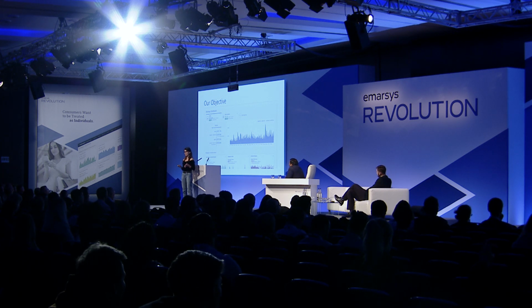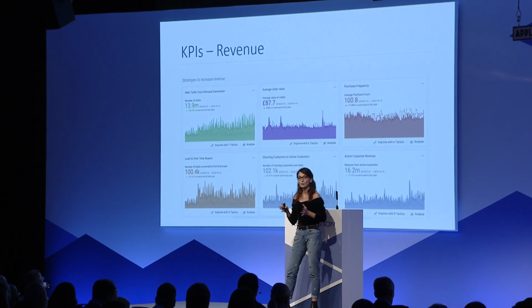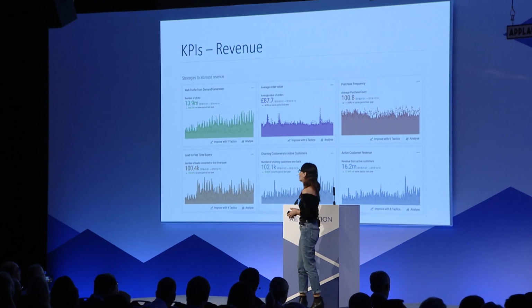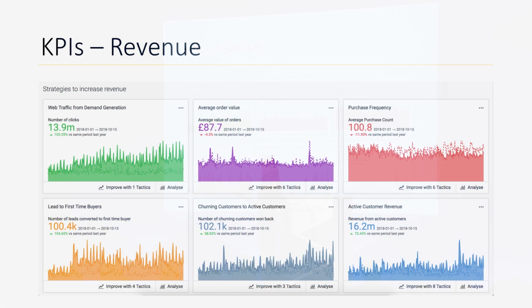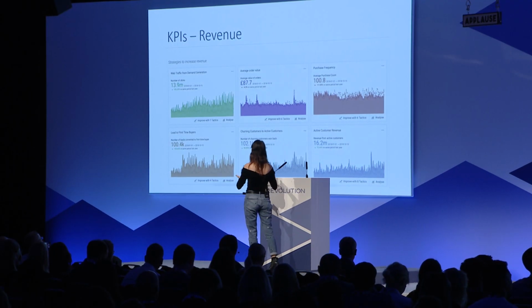And the beauty of this is that it looks at every single set of data. It creates tactics for all the areas that will play a part in improving your revenue. So for example, if you need to drive more new customers or lead generation, if you need to improve your average order value, we have to work on that as well. If you need to improve leads to first-time buyers, programs or life cycle stages, it literally touches everything that will play a part in improving your goal.